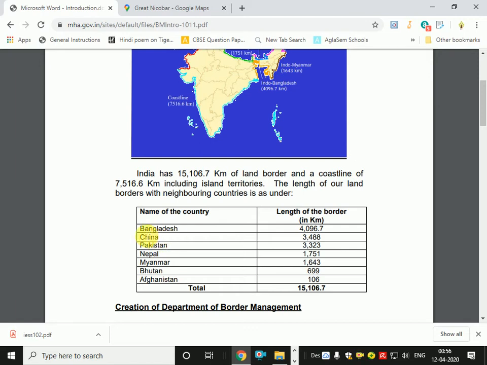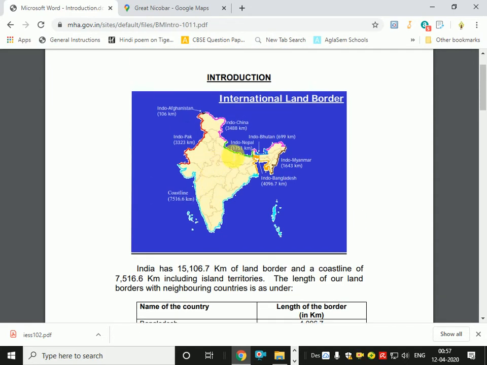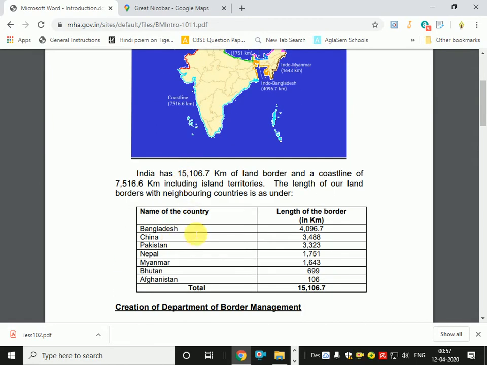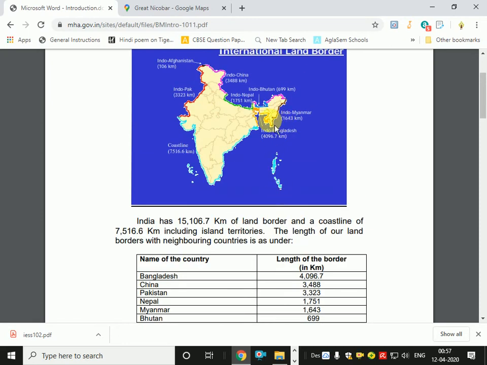So Bangladesh shares the largest border, China the second largest, Pakistan, Nepal, Myanmar, Bhutan, Afghanistan. Even I was astonished because my intuition told me it was China or Pakistan, but it is not. It is Bangladesh. And then I thought of it.